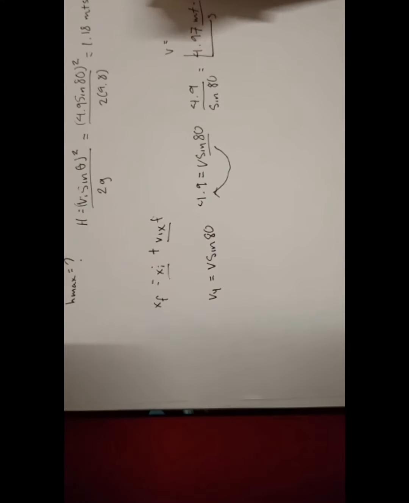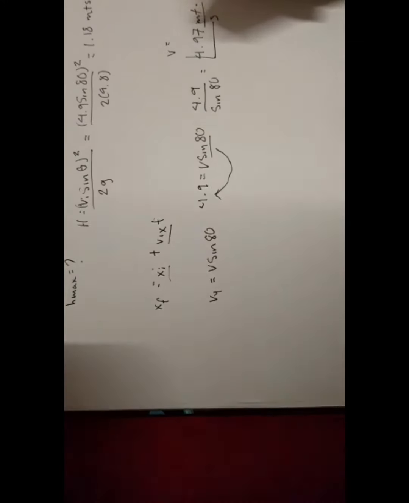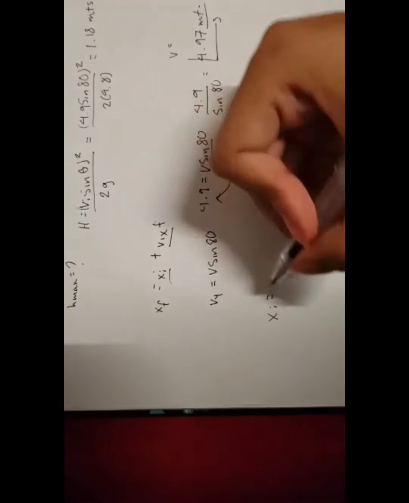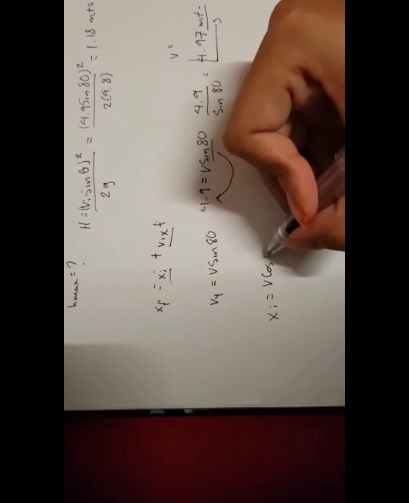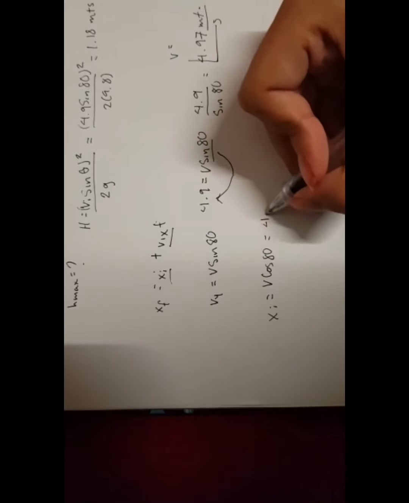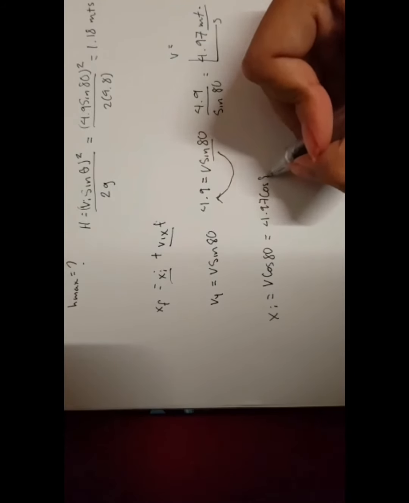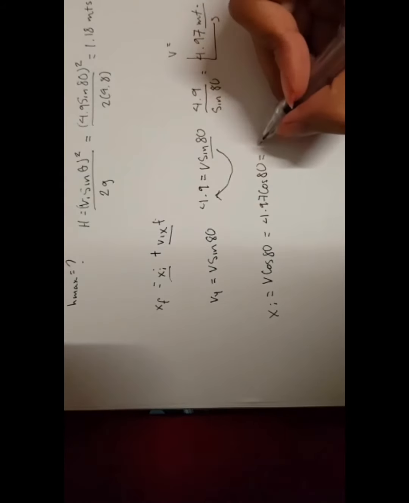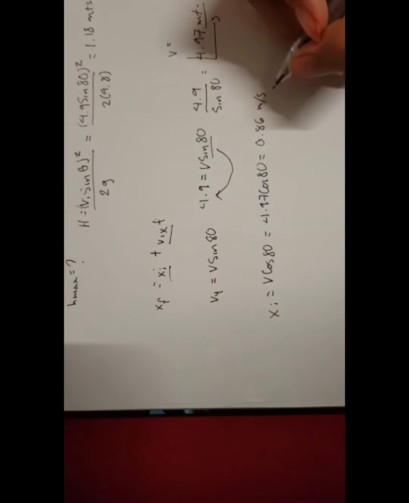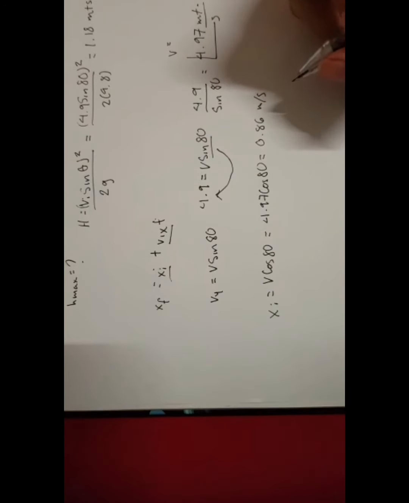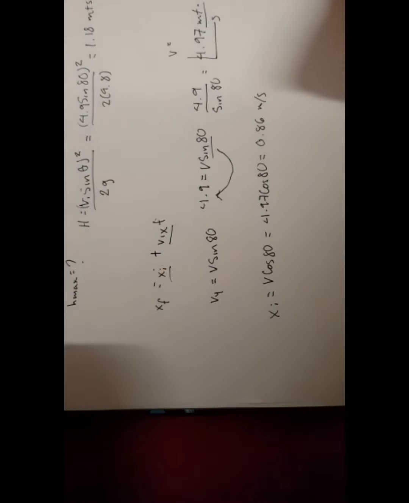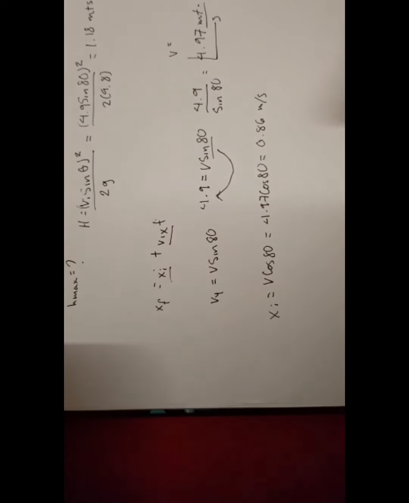Since now we have the velocity, we can find the initial of x, which is equal to velocity cosine of 80. Substituting, that will be 4.97 cosine of 80, and the result will be 0.86 meters per second. So now we have the initial of x and we can find the final of x.